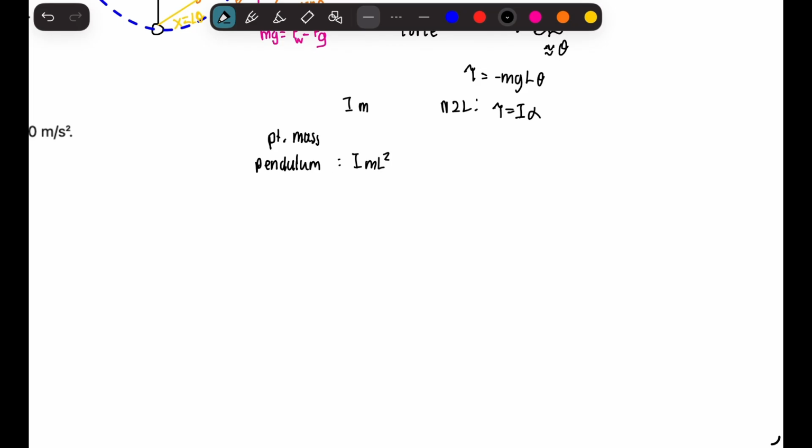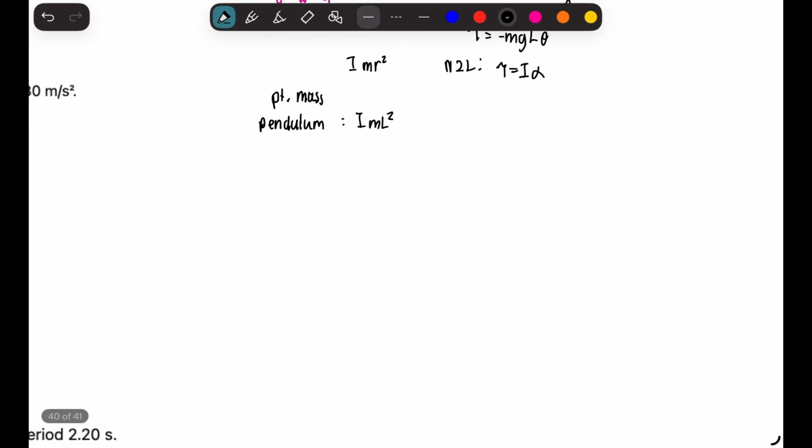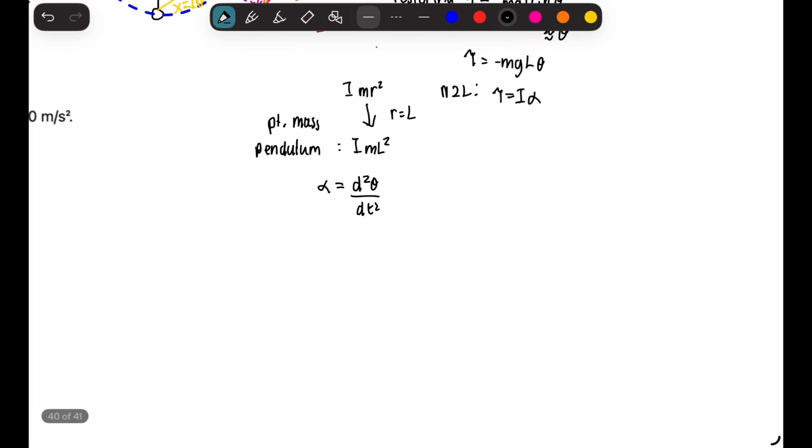That's like I is equal to mr squared, but here our radius is equal to L. Also, you don't have to know this for AP Physics 1, but angular acceleration is equal to d squared theta over dt squared. So if you plug this in with your angular acceleration into Newton's second law, you would have torque is equal to, and you can sum your total torque, which is your I, mL squared.